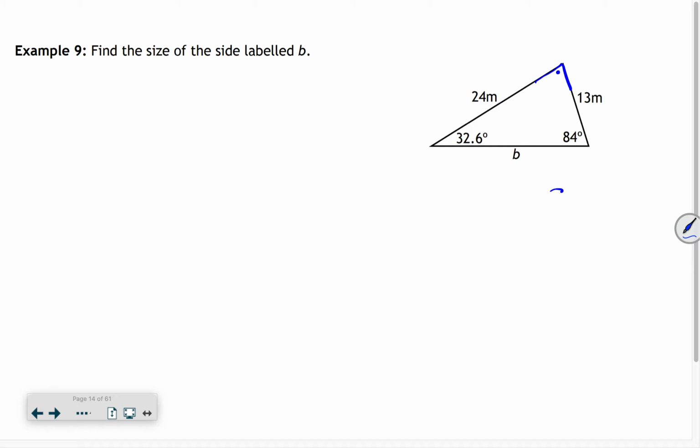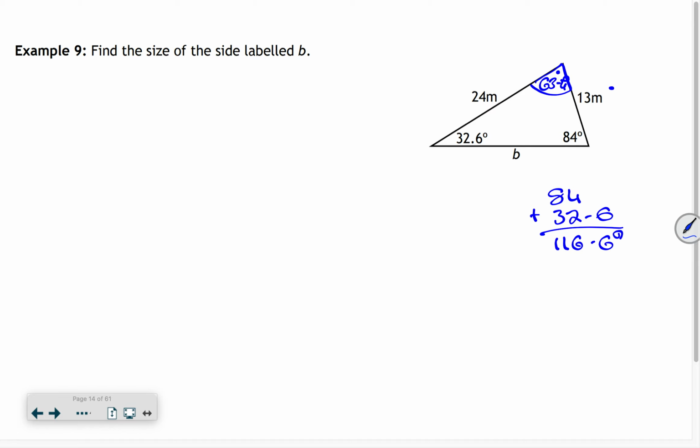So it's going to be 84 plus 32.6, which is 116.6 degrees, away from 180. So that's going to give me 63.4 degrees.